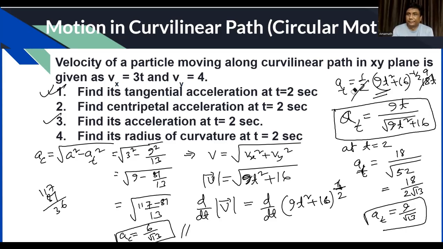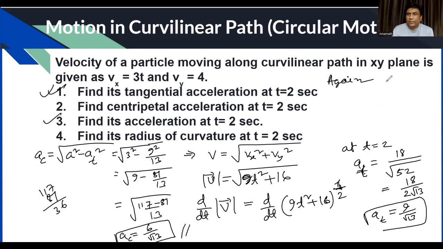Again, R equal to speed square by AC. But the speed is equal to what? At T equal to 2, it will be, I think, under root 52. So it will be under root 52 whole square, and AC is 6 by under root 13.